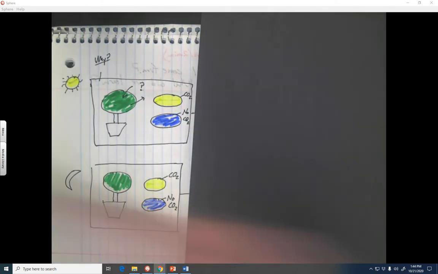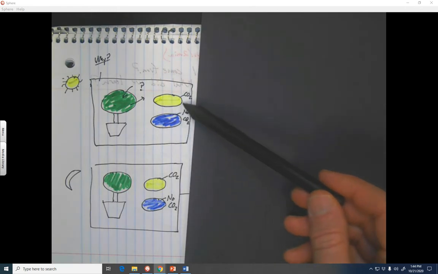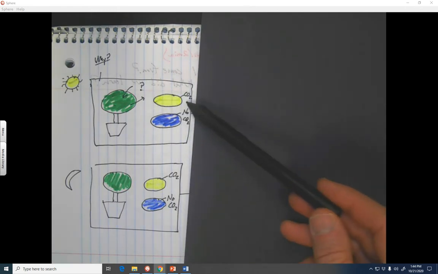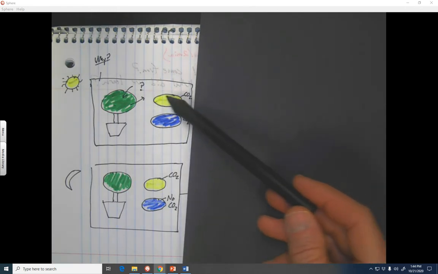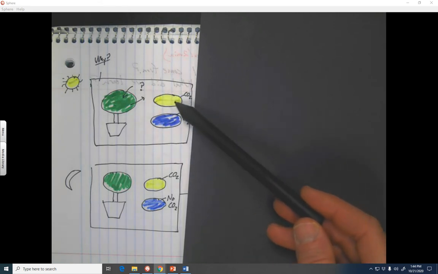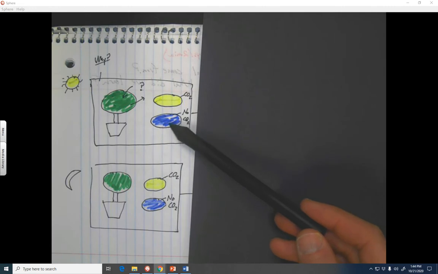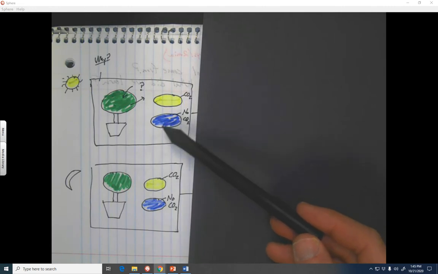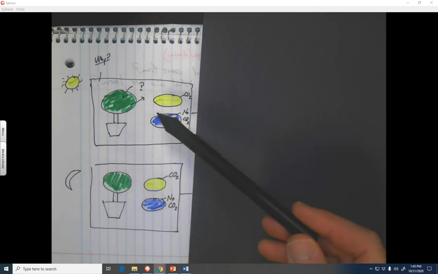Would it absorb CO2 from the petri dish, causing the petri dish to turn yellow? Or would the plant be releasing CO2 and cause this dish down here that is low to turn yellow? You have two different possibilities, either both turning yellow or both turning blue. And so we looked at that for both of those.